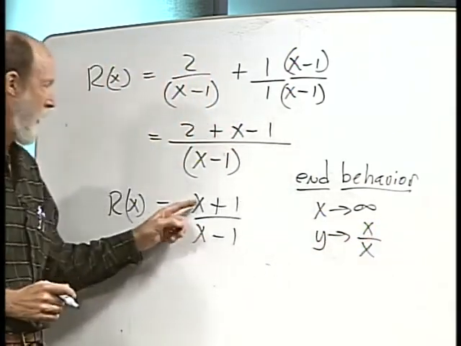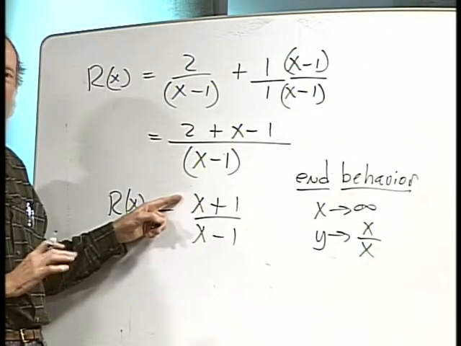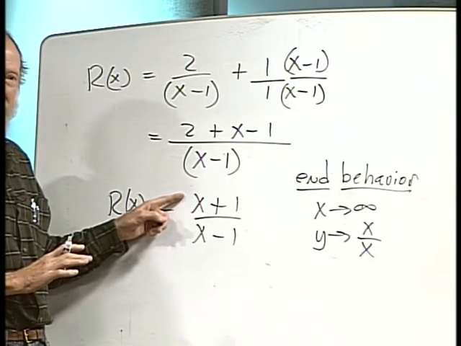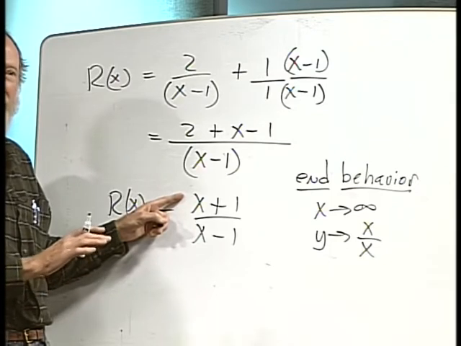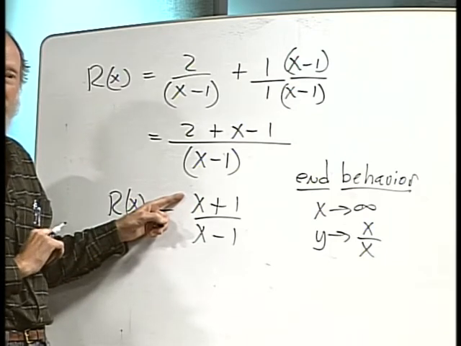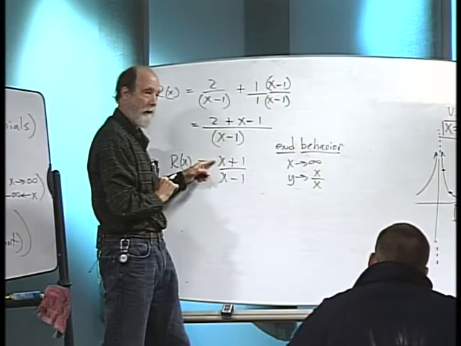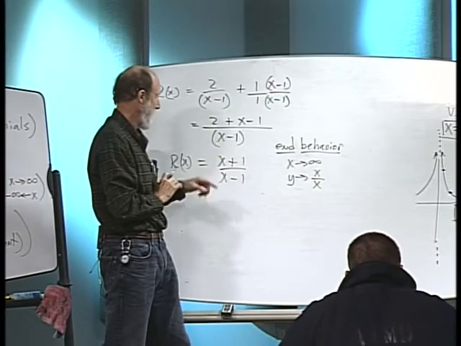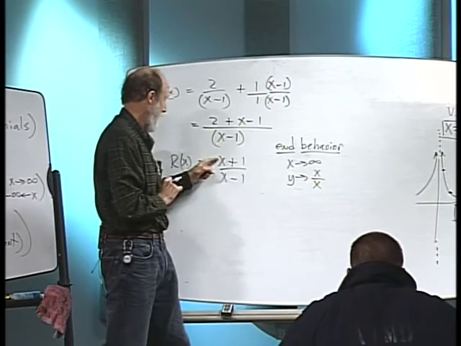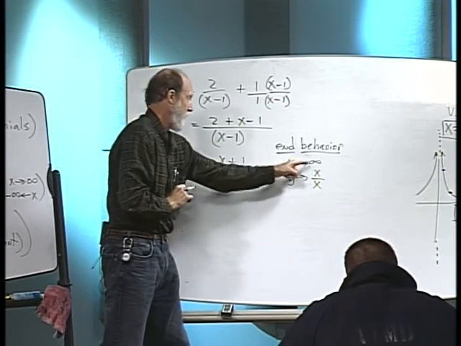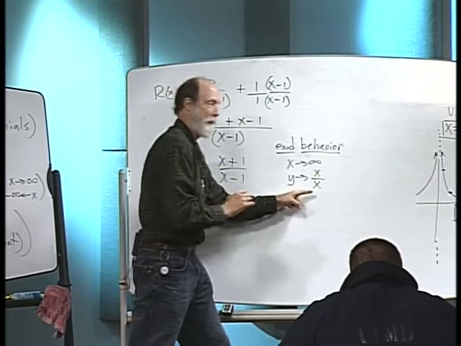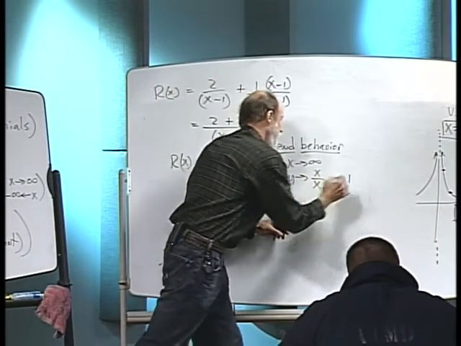The leading term in a polynomial is what dominates the polynomial. We talked about that a few class sessions ago. The leading term of a polynomial dominates it. So it behaves like x over x if x is large. And then look what happens to that. X over x reduces to 1.